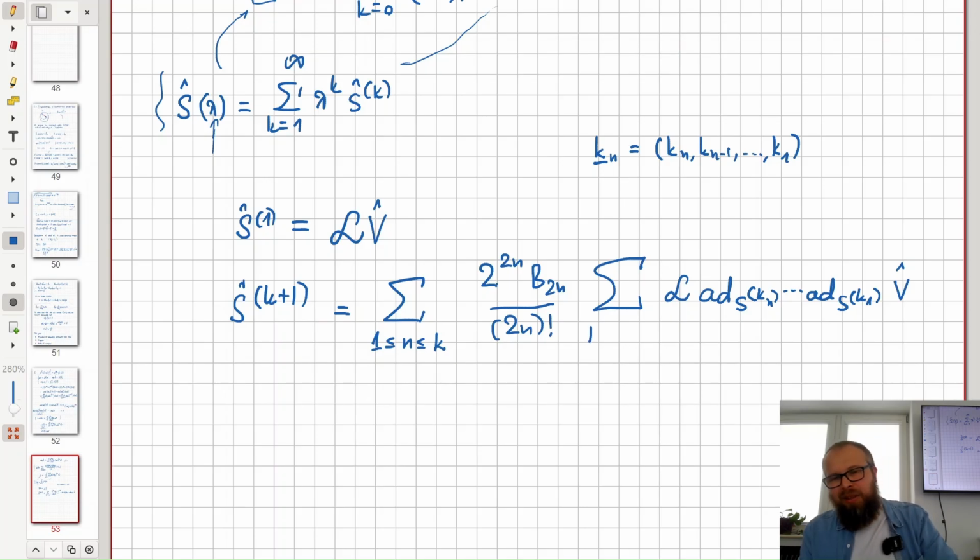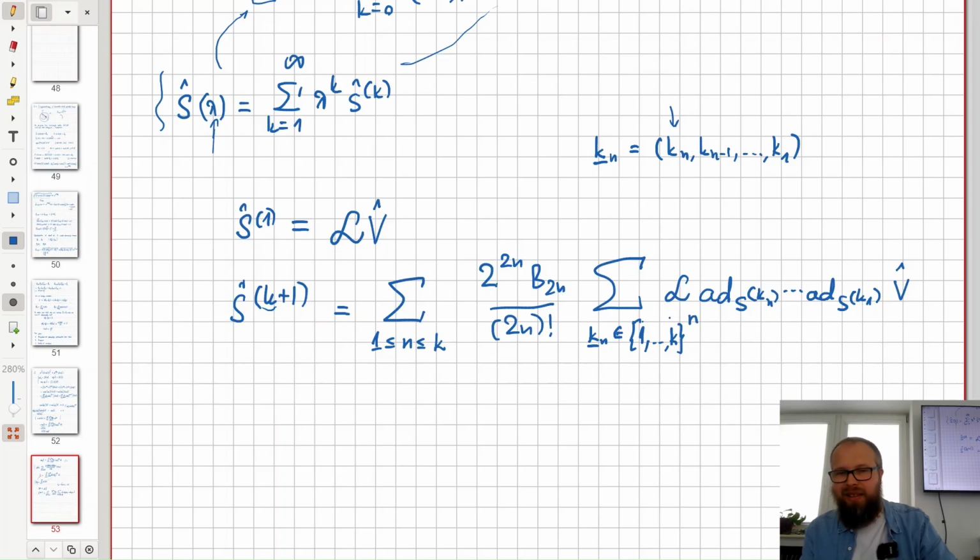So we will be summing over these kind of tuples where the value of each component of a tuple can go between 1 and k, where k is this maximal order, to the power n.